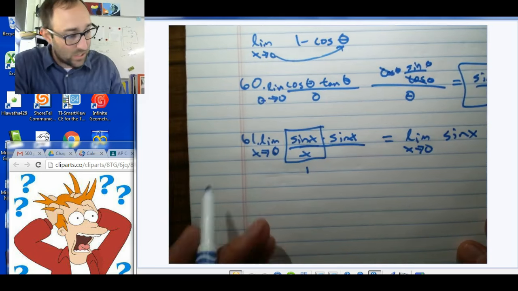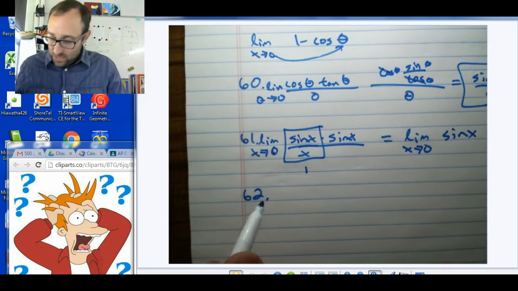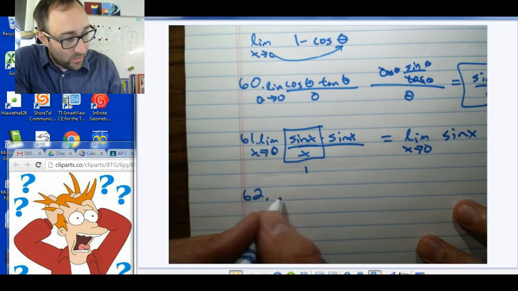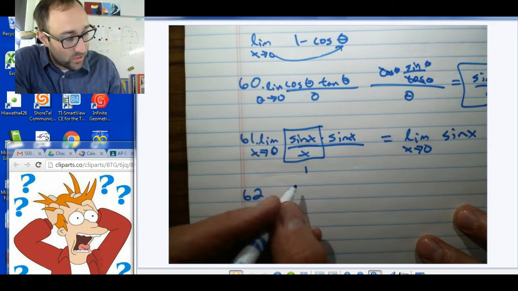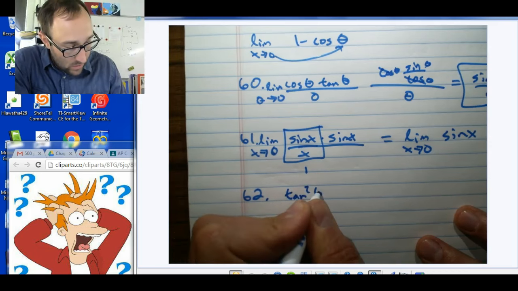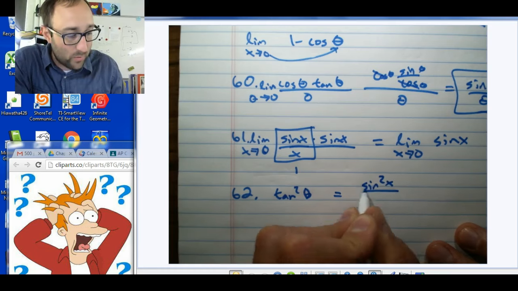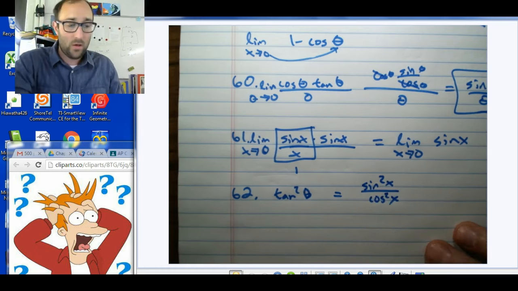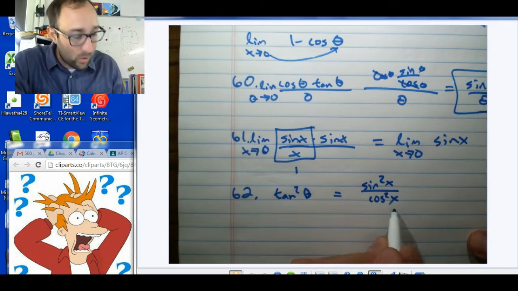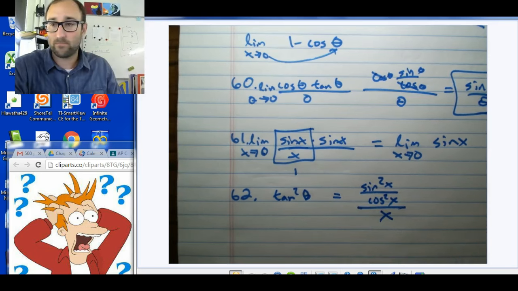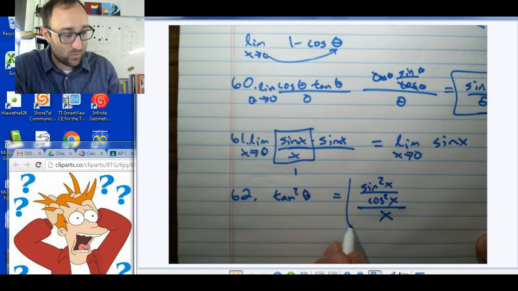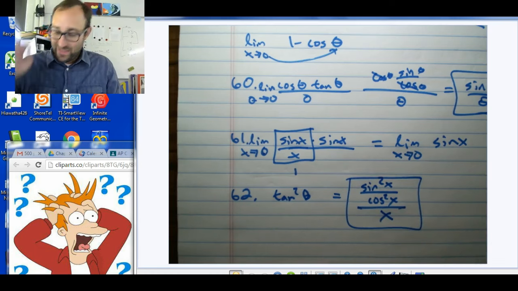All right, 62. Tangent squared x over x. What I would say to do is tangent squared x is going to equal sine squared x over cosine squared x. So we have that whole thing all over x. That's the original part, so I just replaced that whole thing.